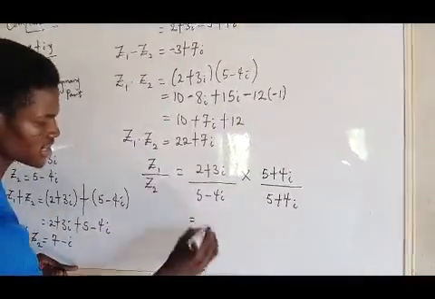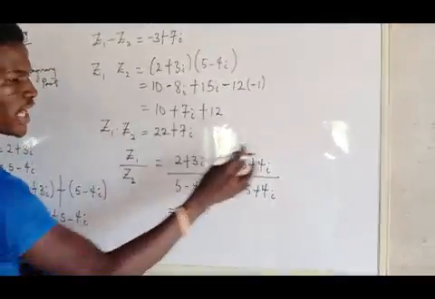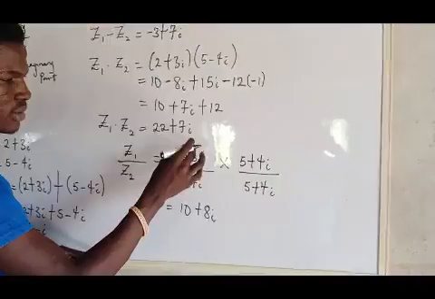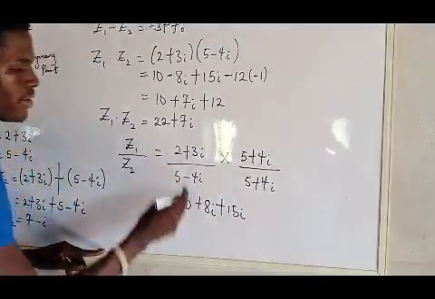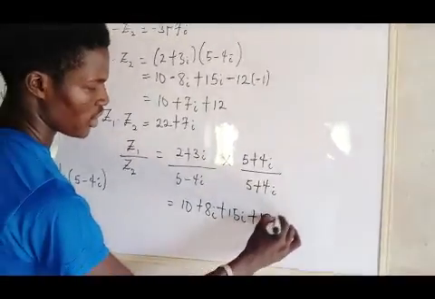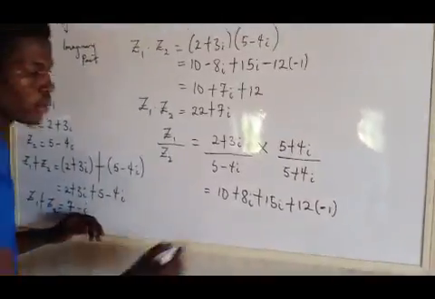So now let's multiply the numerator. 2 times 5 is 10. 2 times 4i is plus 8i. 3i times 5 is plus 15i. 3i times 4i is plus 12 i squared, which is minus 1. Do we get that now?